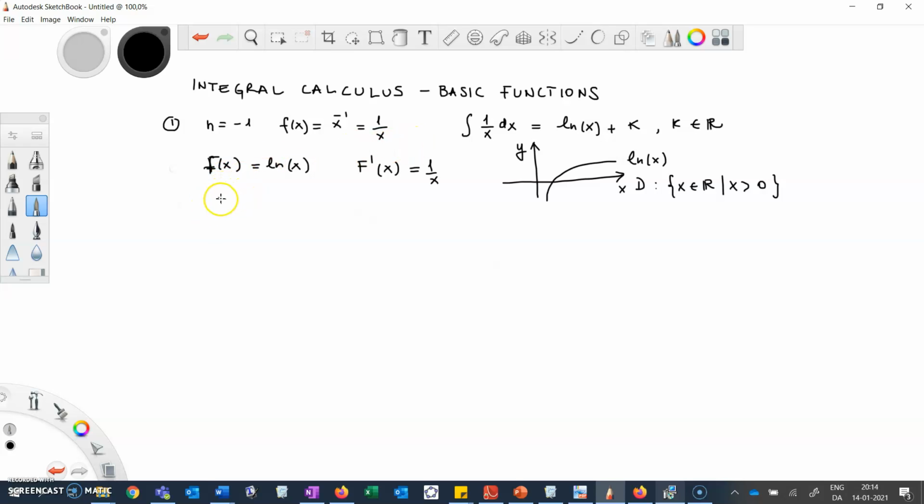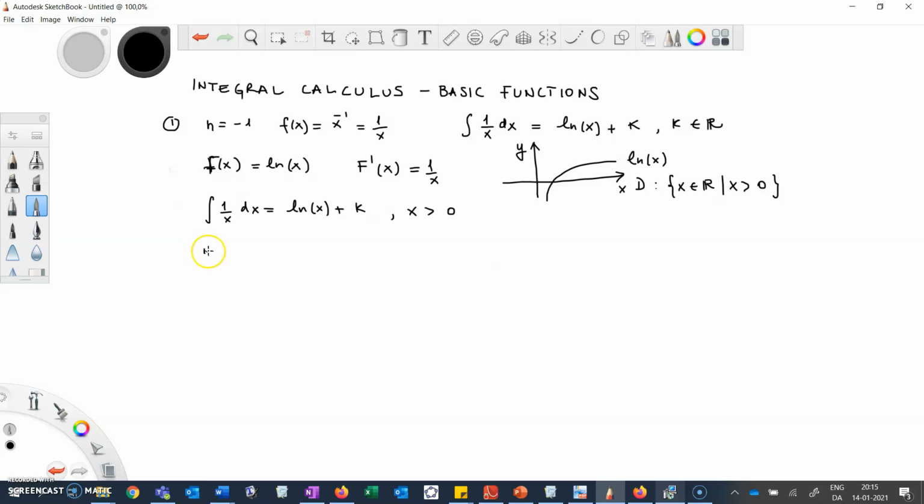So let's first write what we learned so far, so that the integral of 1 over x in dx is equal, we said, to ln of x plus a constant k, and this is valid for x larger than 0.